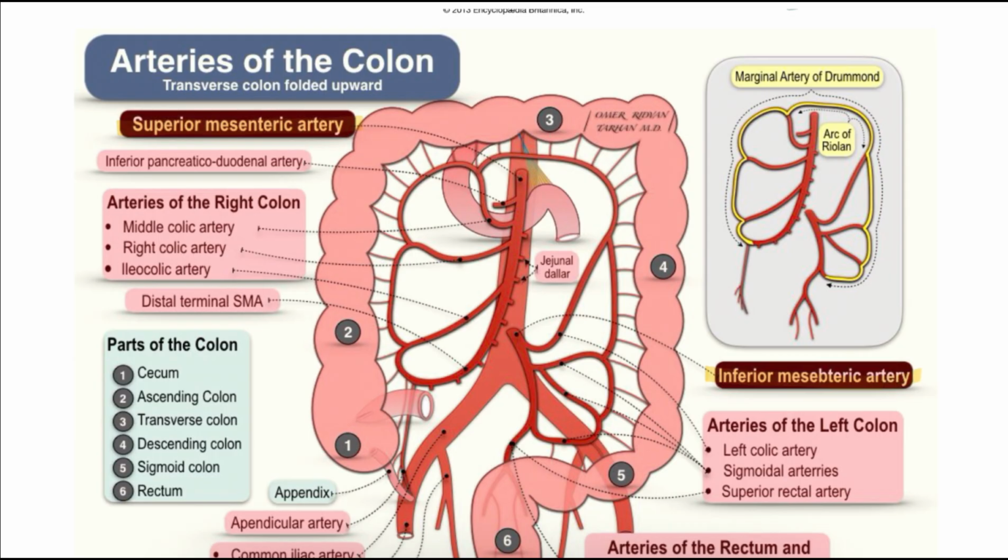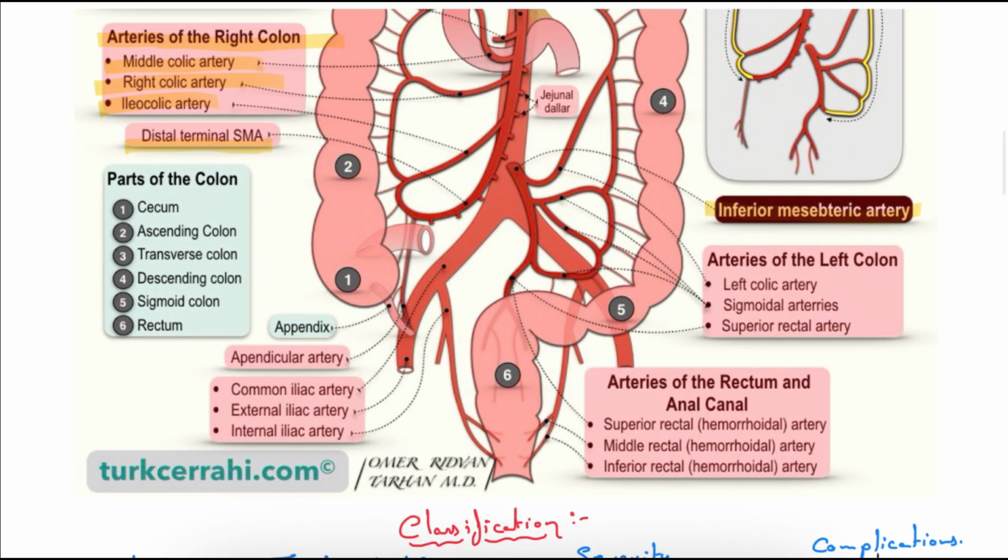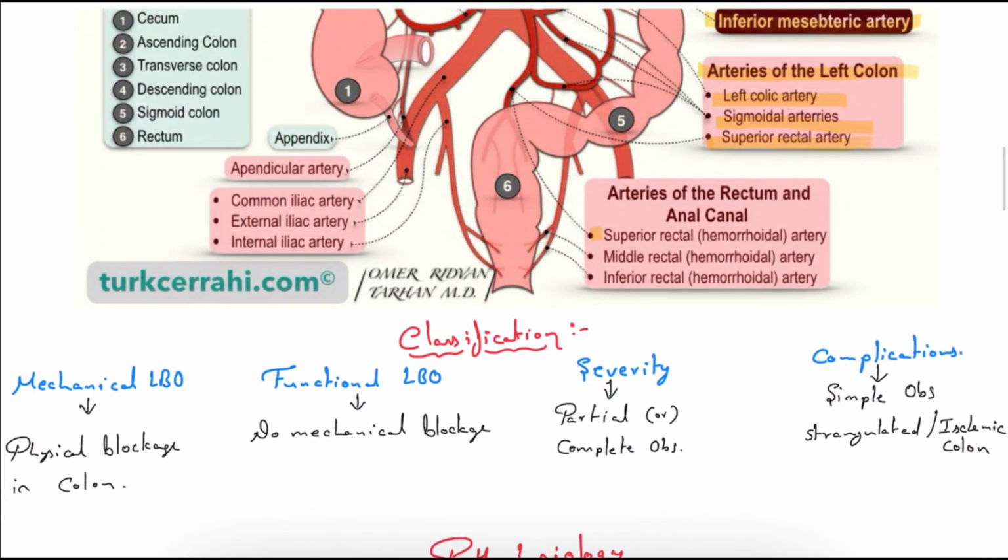In the superior mesenteric artery, you can see the arteries of the right colon, like the middle colic artery, right colic artery, and ileocolic artery, and the distal terminal superior mesenteric artery. In the inferior mesenteric artery, you can see the arteries of the left colon, like the left colic artery, sigmoid arteries, and superior rectal artery. In the rectum, you can see the superior rectal, middle rectal, and inferior rectal arteries. These are mostly important in hemorrhoids, so when we discuss hemorrhoids, we can discuss them then.